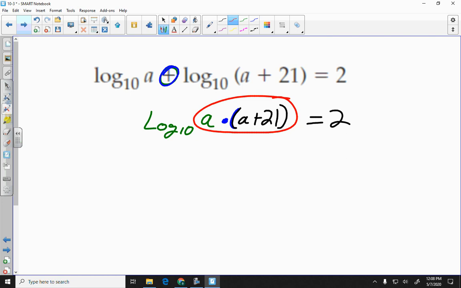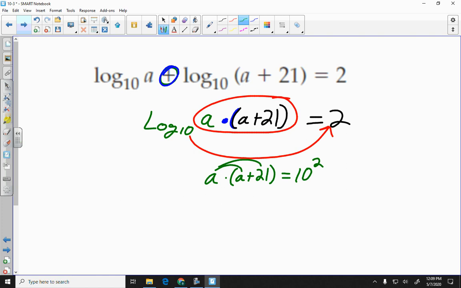In other words, this 2 is an exponent, and so I can take this 10 and write it in exponential and call this a times a plus 21 equals 10 squared. So there's my exponent. Then I can distribute and just solve for a. Now we get a squared plus 21a equals 100.